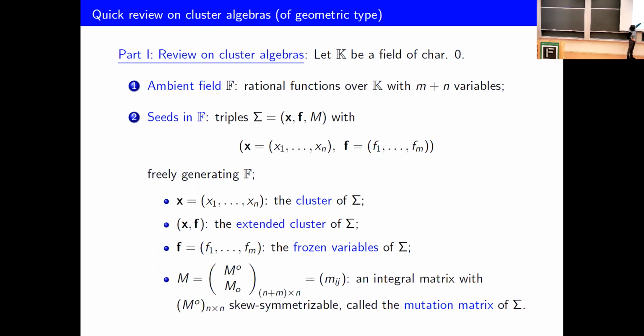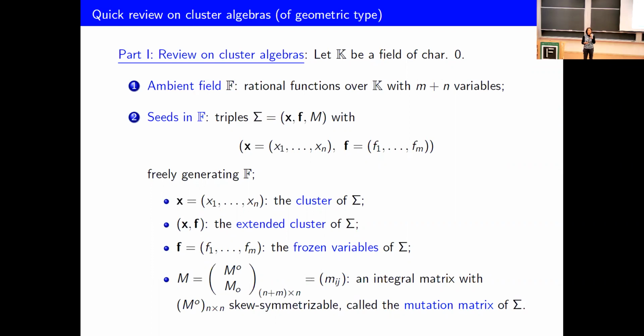The top part is n by n, and then you have the bottom part, so it's a tall matrix with n columns. The top part has to be skew symmetrizable, meaning that multiplying by a diagonal matrix from the left makes it skew symmetric. It has to be integral. This is called the mutation matrix, and this is the data you have to start with.